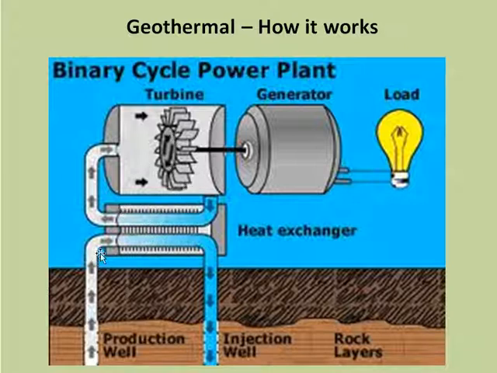Now, the reason that you might not want to use the steam coming directly out of the Earth is because it has a lot of corrosive minerals and other things, lots of oxygen dissolved in it that will corrode your turbine quite quickly. So you can use a heat exchanger. You can just directly pipe it through a non-corrosive pipe, and you're going to lose a little bit of efficiency in this heat exchanger, but it's much like a car.